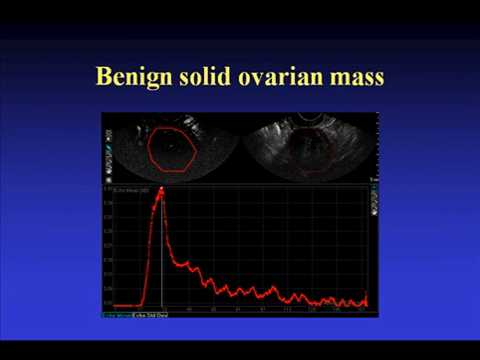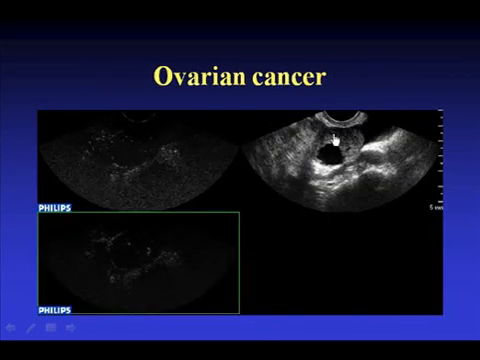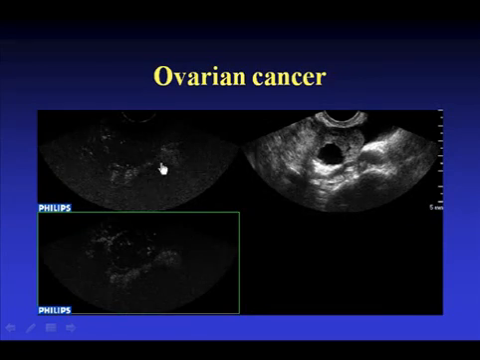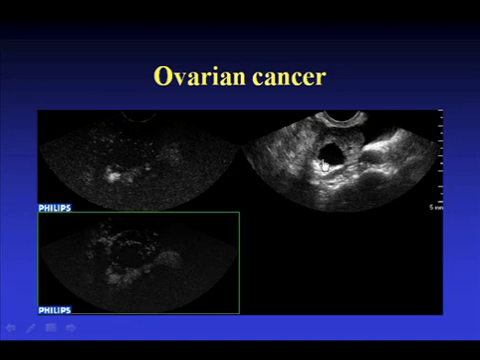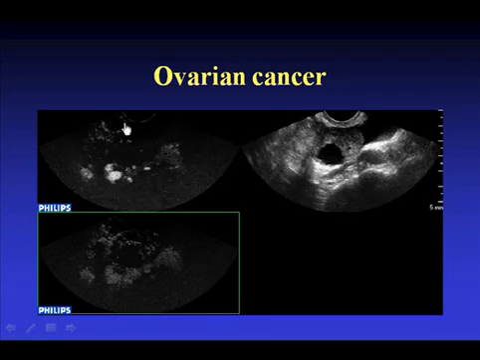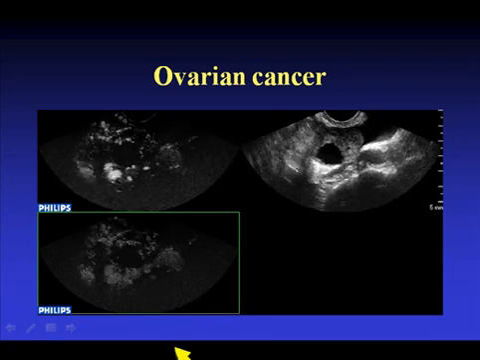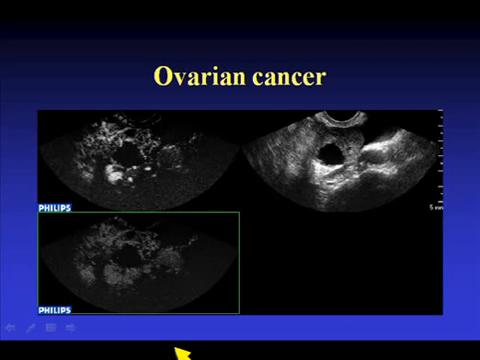And here's the time activity curve. You see a very quick uptake and a very quick washout phase. Now watch the contrast in this ovarian cancer. This is a 2 centimeter ovary with a 1 centimeter cystic area. Watch the microbubbles as they come in and fill.